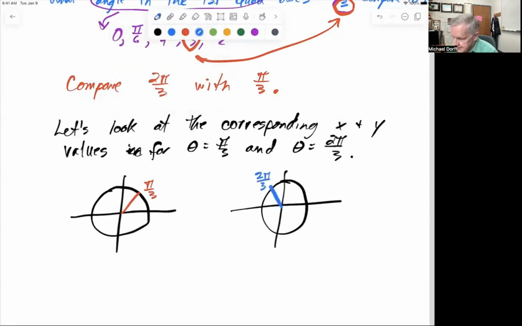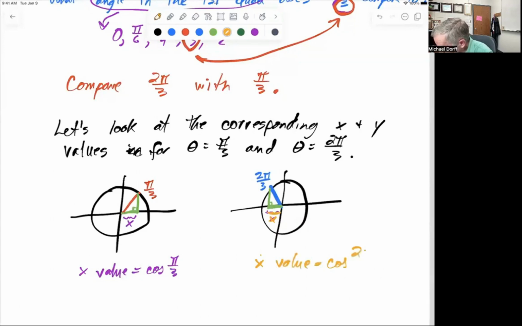What's important is to notice that if I make a right triangle here, this is my x value. The x value equals, in this case, the cosine of pi over 3. Maybe I should use a different color here. I'm going to call this my x value here. My x value here is going to be the cosine of 2 pi over 3.